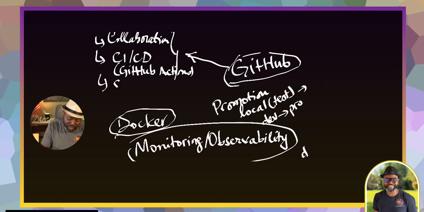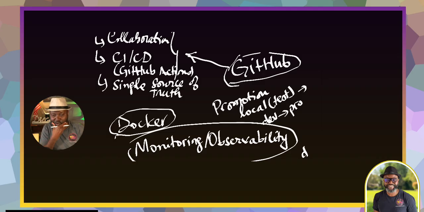You can also use it as your single source of truth. So you use it for those three things here: collaboration, CI/CD, and single source of truth. Meaning that if something is not on GitHub, then it doesn't exist. Does that make sense?